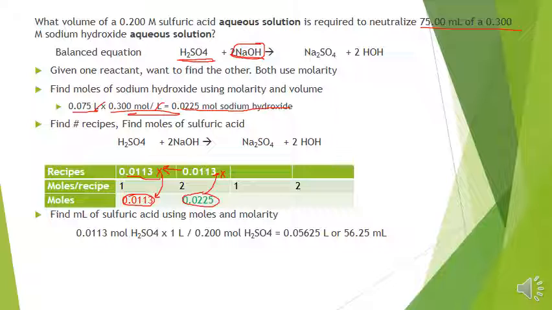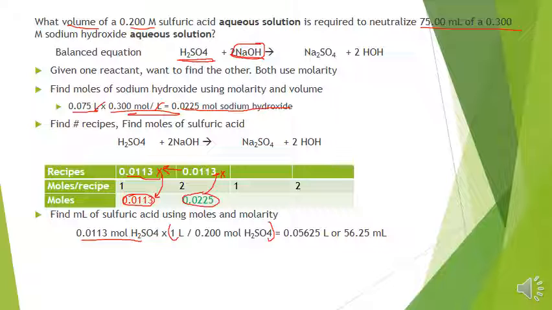All right, so what I want to do is find the volume. I'm going to use molarity. I have the molarity, and I want to find the volume. So I have moles, and I have the molarity right here. Now you can either divide by the molarity, or you can do it like dimensional analysis.